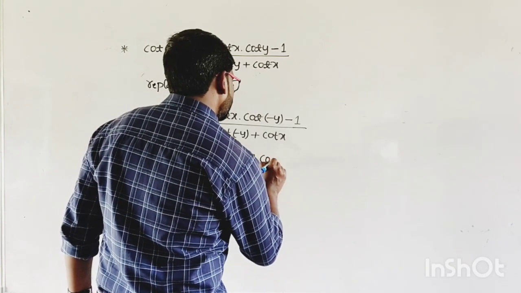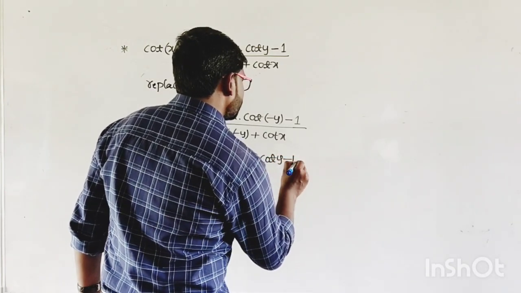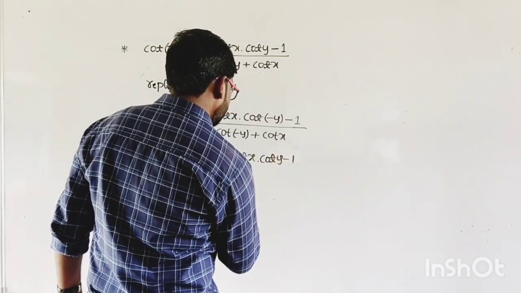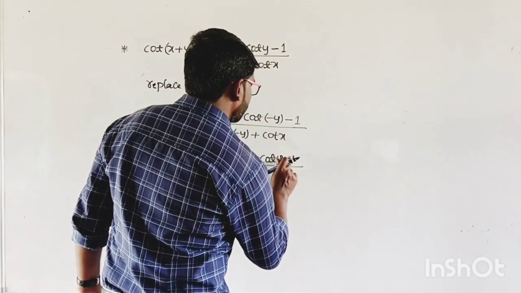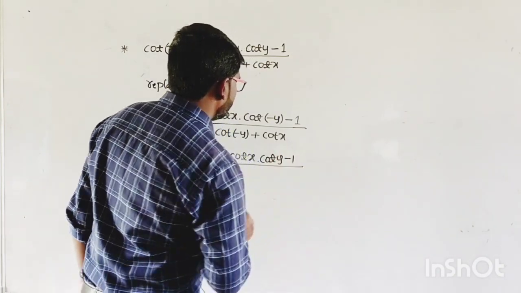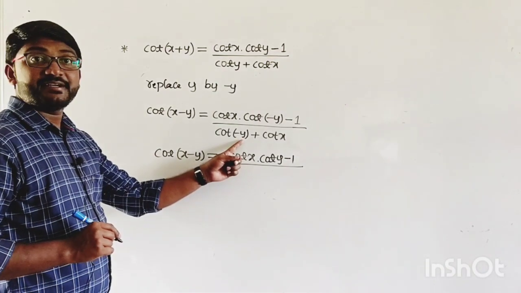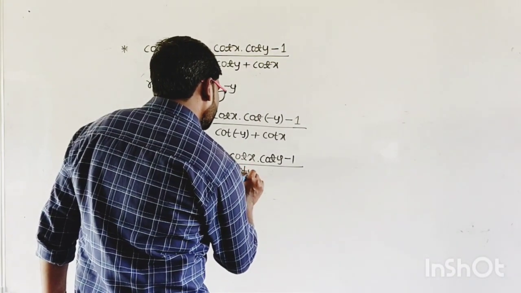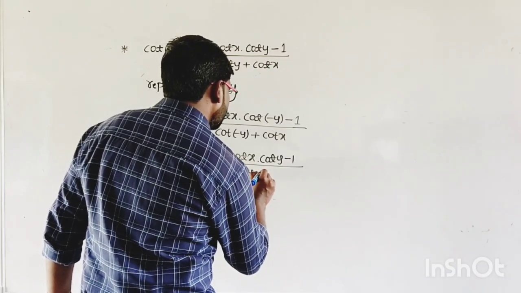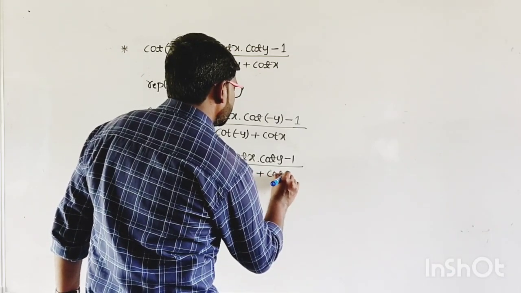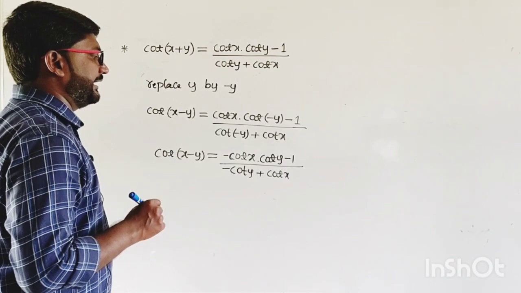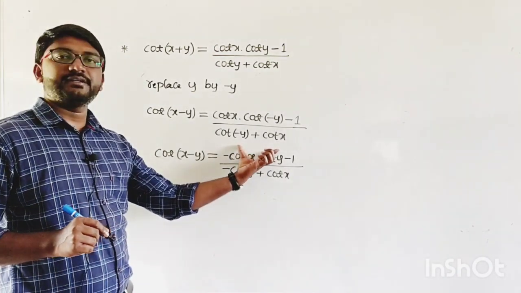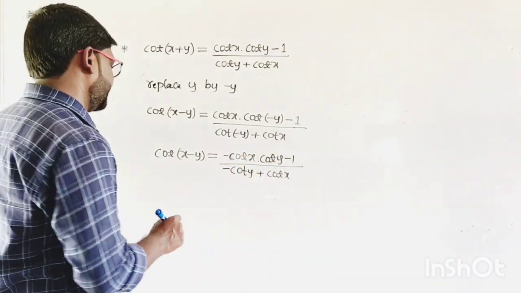So we get minus cot x cot y minus 1, divided by minus cot y plus cot x. So now take minus common in the numerator as well as in the denominator.